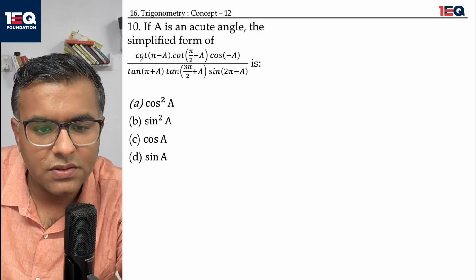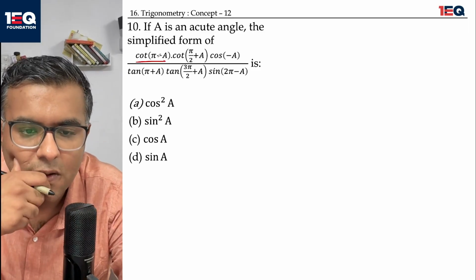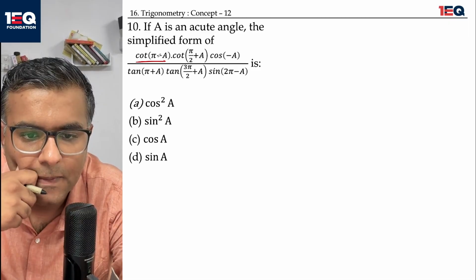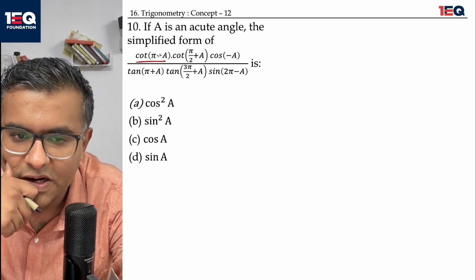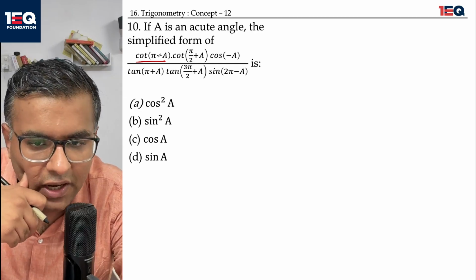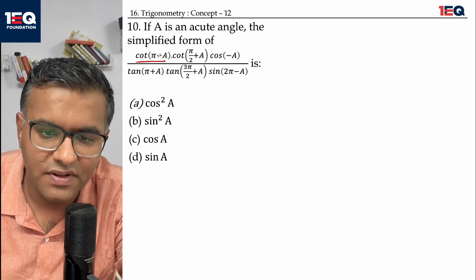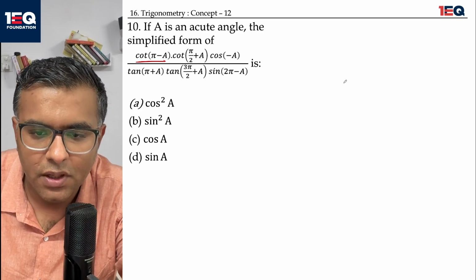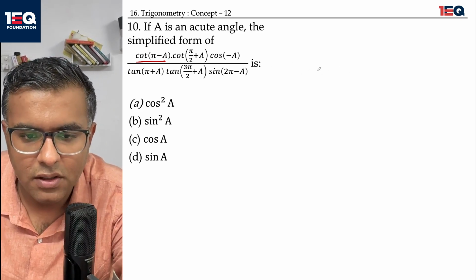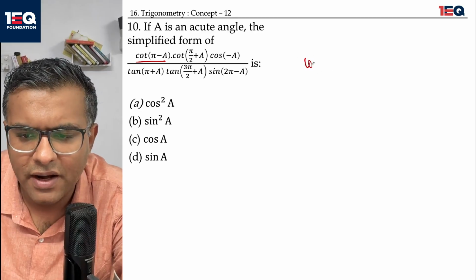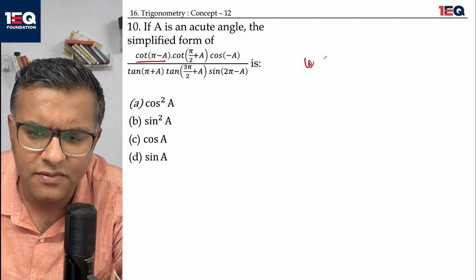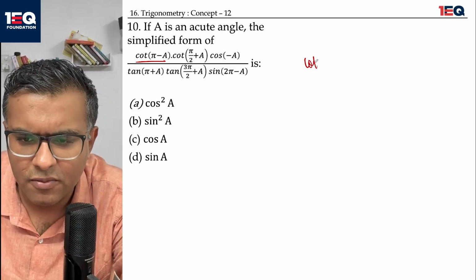Okay, so now I have cot pi minus A. 180 after school, this is going to be negative cot. I need to find out the simplified form of this entire equation. I'll write it in the form of degrees, not in the form of radians.